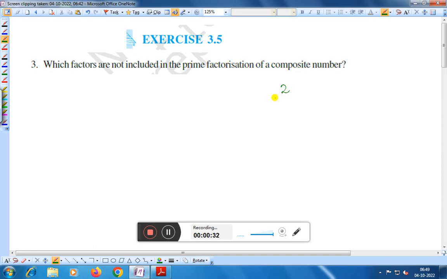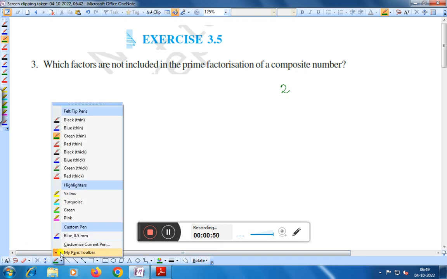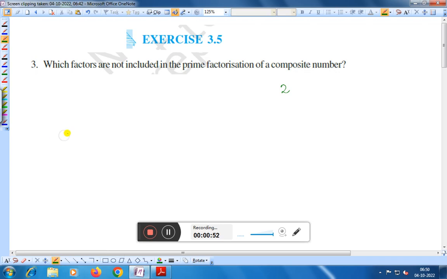Now, if I factorize it by the prime factorization method, 2 can be written as 2 into 1, right? Since it is a prime number, it has only two factors, 2 and 1.